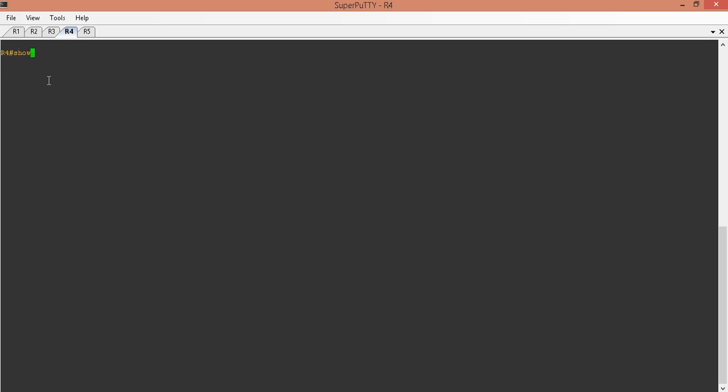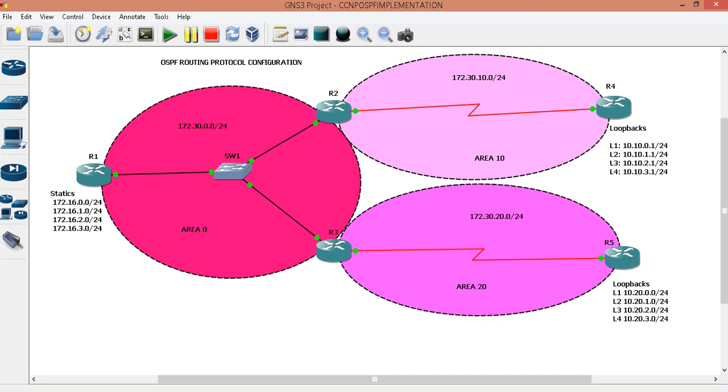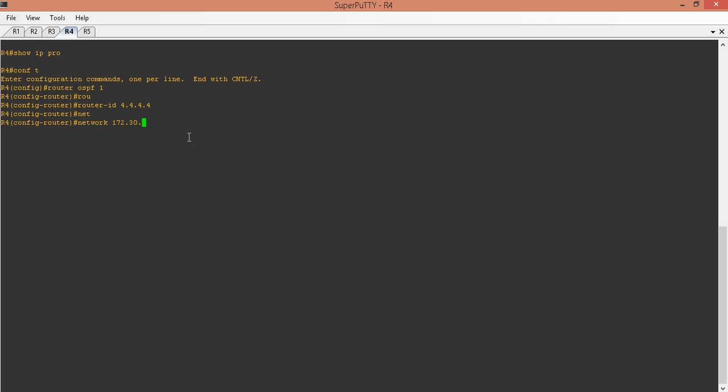Enable the routing protocol. So show IP protocol, no routing protocol there, so I'm going to go straight and configure the routing protocol. Router OSPF 1, router ID 4.4.4.4, and network 172.30.10.4, it's the specific one, and the area is going to be area 10.